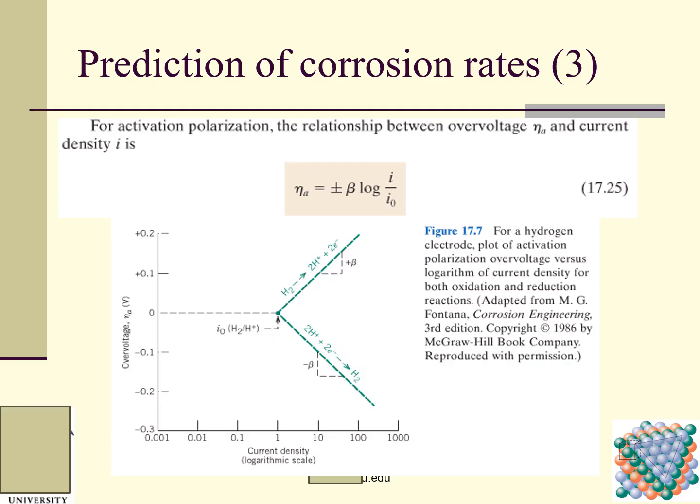So this is the overvoltage eta A and the current density I. This is the logarithm, the common log here. You can see this logarithmic scale for the current density. This is the overvoltage eta A, and the unit is volts.